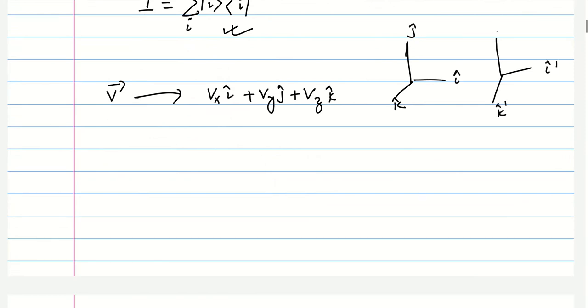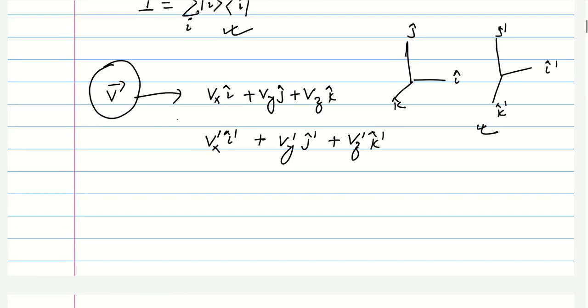If you want to represent it in this basis, you can do it. In that case there will be some other coefficients for i prime, j prime, k prime, right? So this vector can be represented in either of the 2 bases.